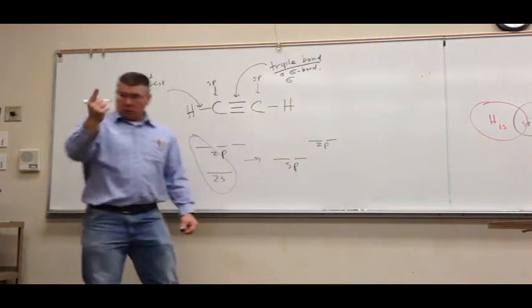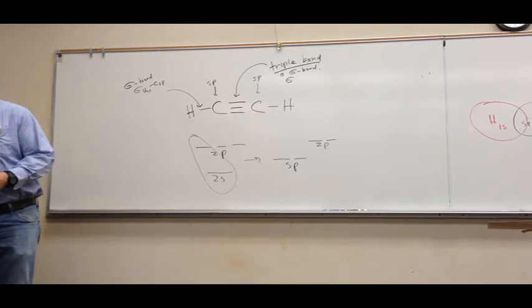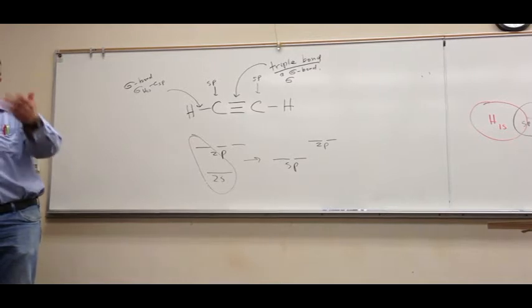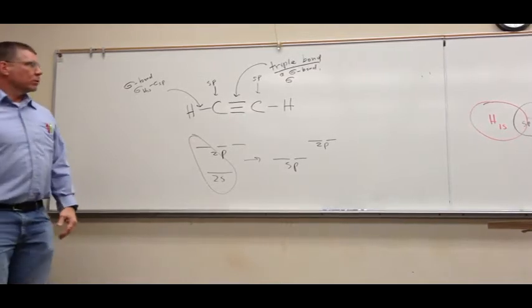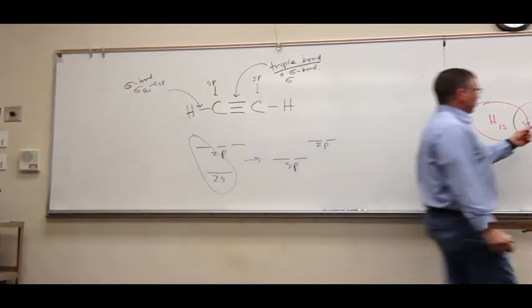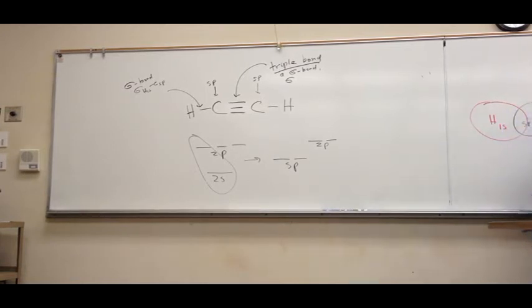Which orbitals are overlapping to make the sigma bond between the two carbons? Two sp's. They're the sp's, right? Just like I tried to draw in this picture here. This sp from this carbon with this sp from this carbon right here.